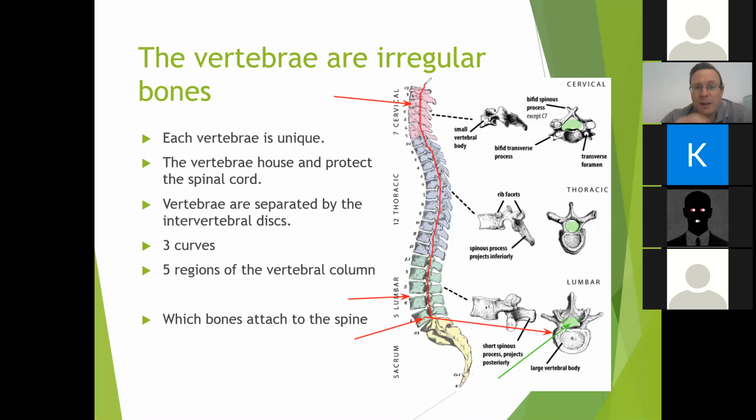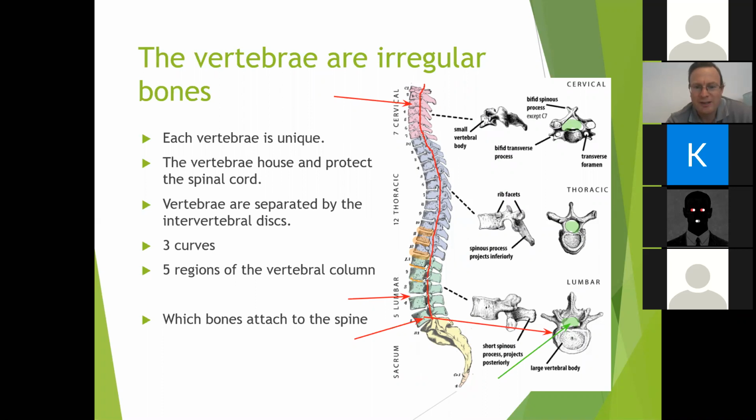So the vertebrae are separated by intervertebral discs. If you were just drawing them in orange here, you'd find intervertebral discs there and there. That's the wrong size, isn't it, really, that picture? There we go, that's better.